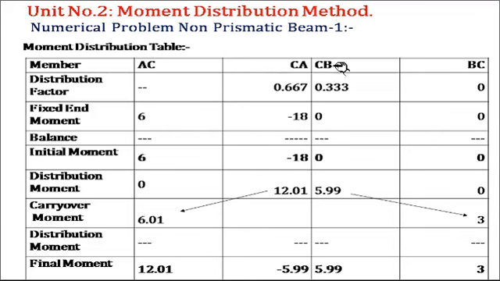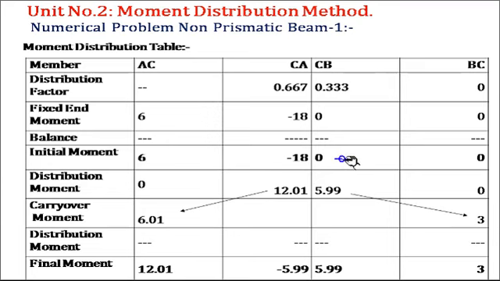Now if you consider the joint C, for joint C to be in equilibrium, the addition of moment in member CA and moment in member CB should be equal to 0. But here, moment in member CA is minus 18 and moment in member CB is 0.